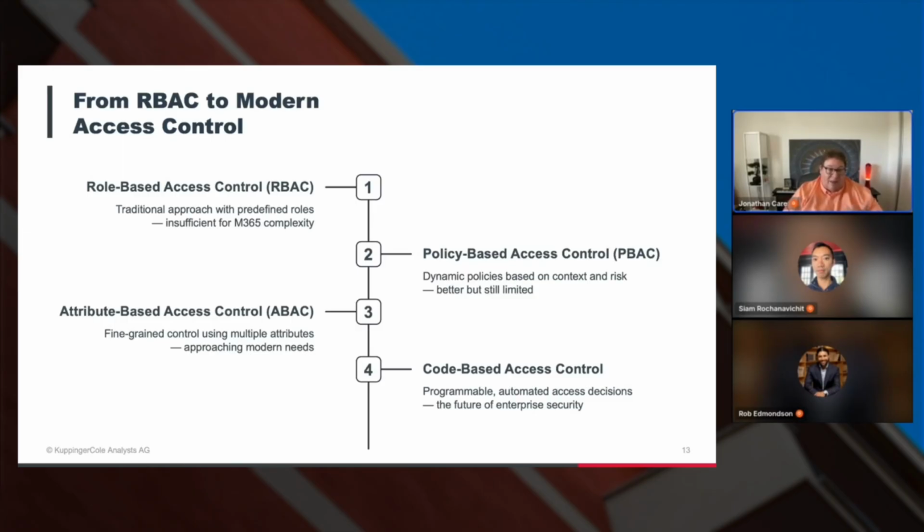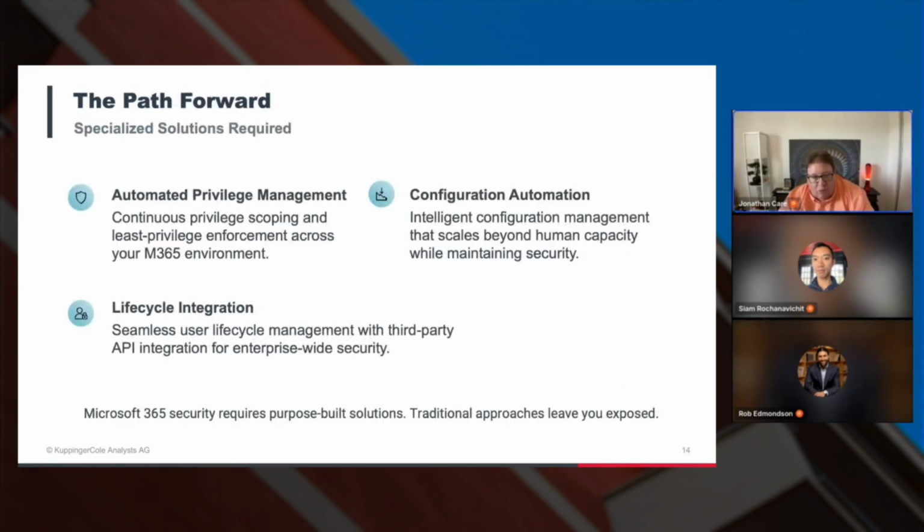And the final one is code-based access control. So identity as code. Access decisions are programmable and automated. And once again, automation is our friend here. So what's the path forward? The key points I want you to take away are automated privilege management. I want you to start continuously scoping and enforcing least privilege access across the Microsoft 365 environment.